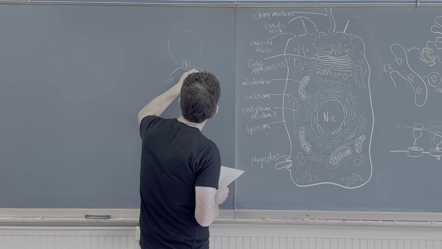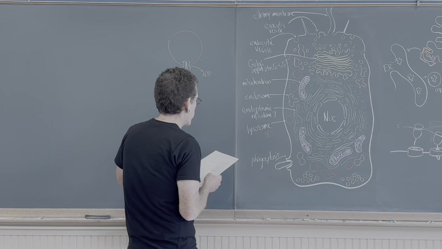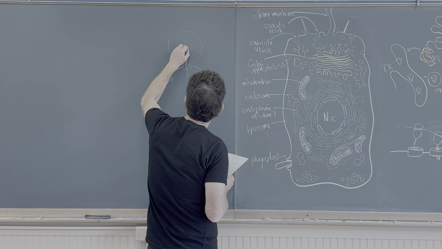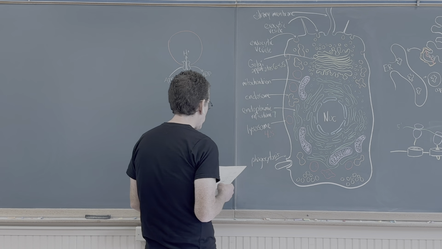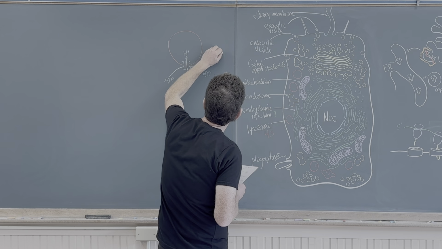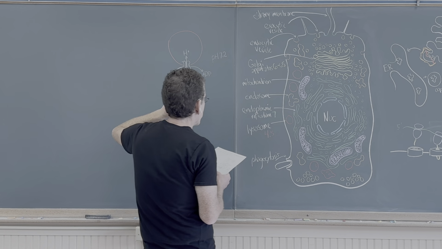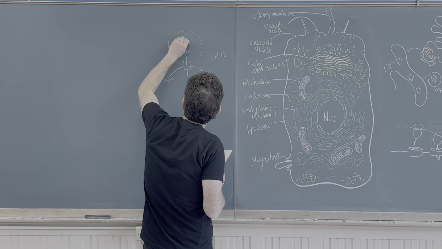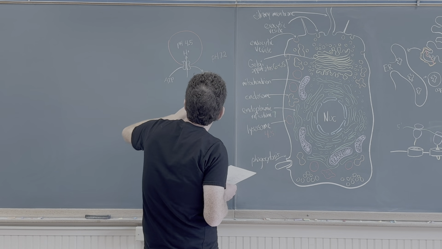This pump uses the hydrolysis of ATP to power proton transport into the lysosome. So if it's pH 7.2 out here in the cytoplasm or something like that, it's a healthy cell. That's how you get to pH 4.5 in here. What's the point of that?